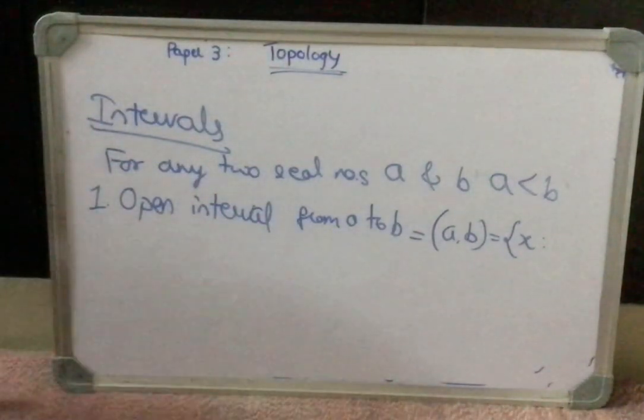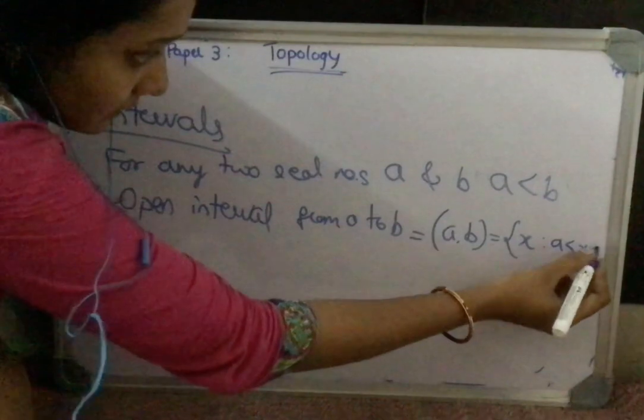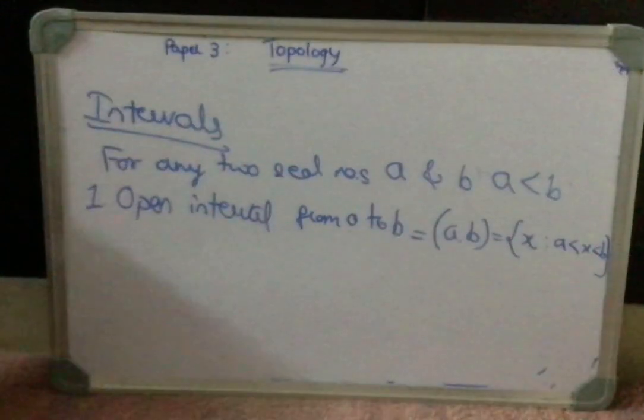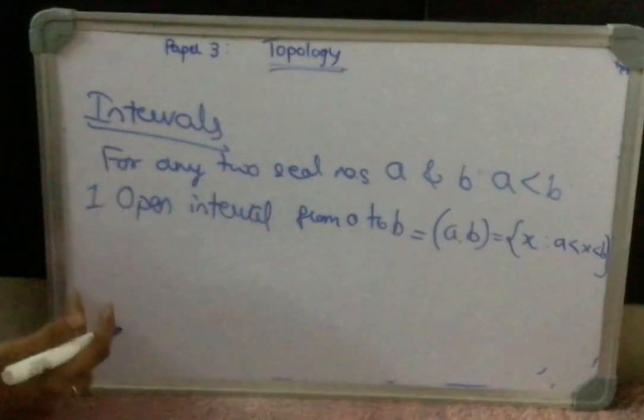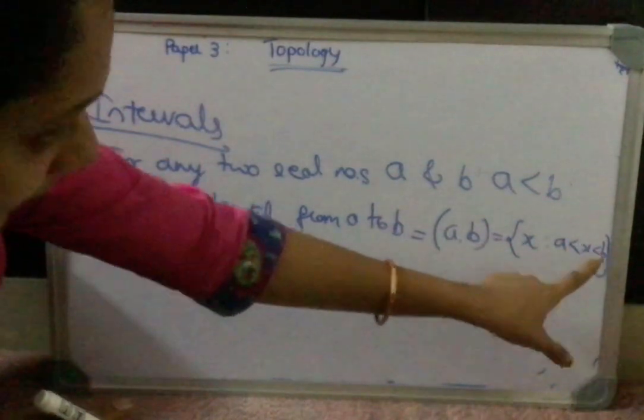This contains the elements that lie between A and B, not including A and B. These are the set of real numbers which are between A and B.